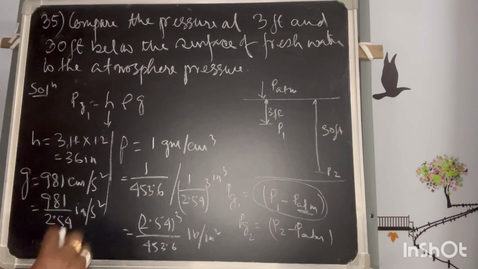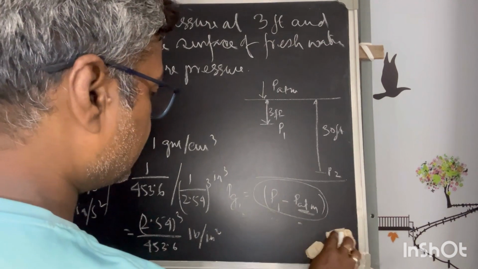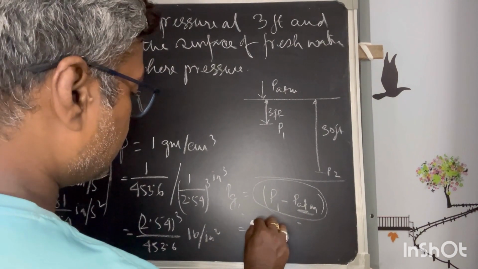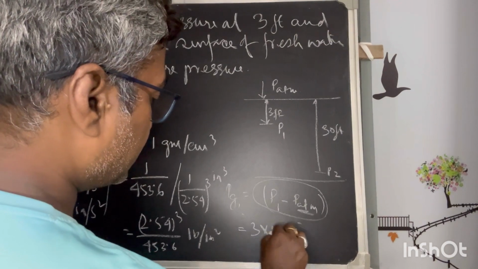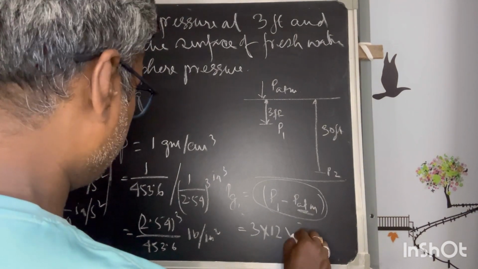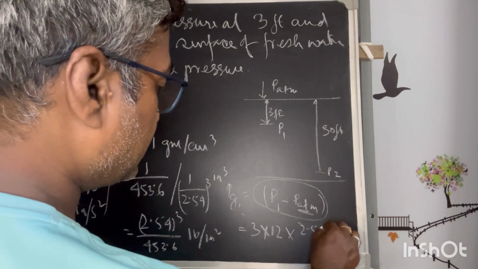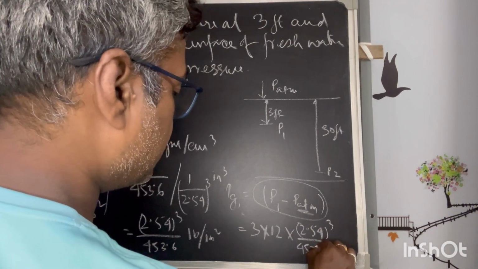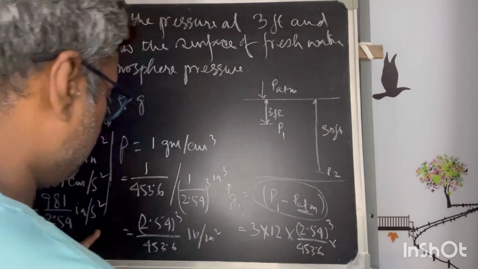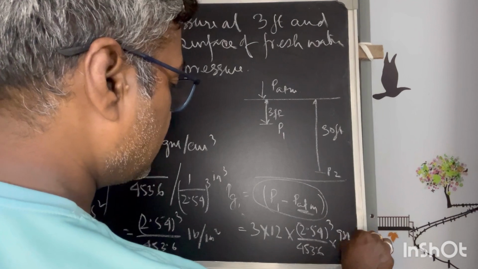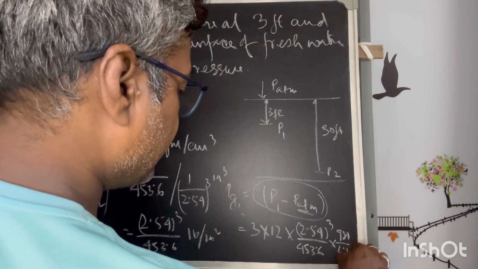So this will be put for the first case: h is equal to 3 into 12, converted into inch, and rho is already there, 2.54 whole cube by 453.6, into g, 981 divided by 2.54.